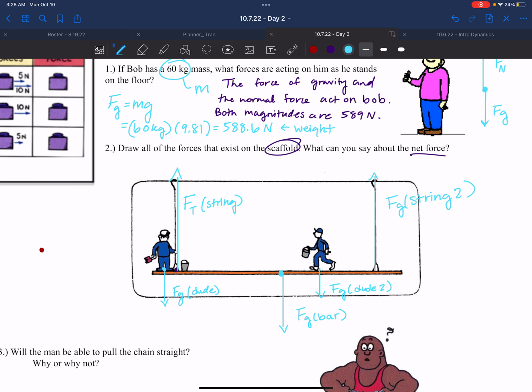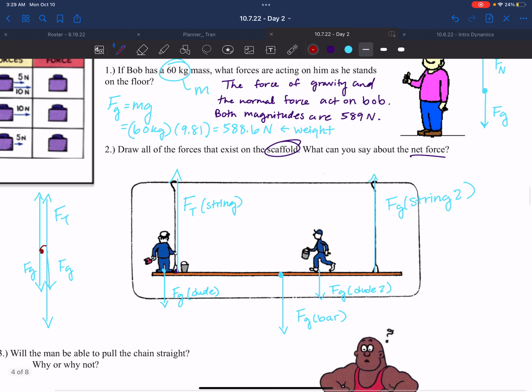Okay, so there would be a lot going on here. Lots of things going on here. So these are the force of tensions going up. And then there's also the two dudes. Yeah, so force of gravity, and then also another force of gravity going on there.